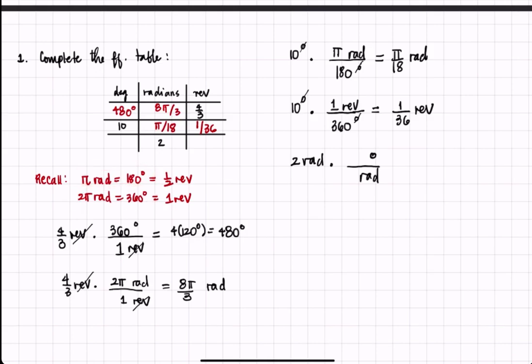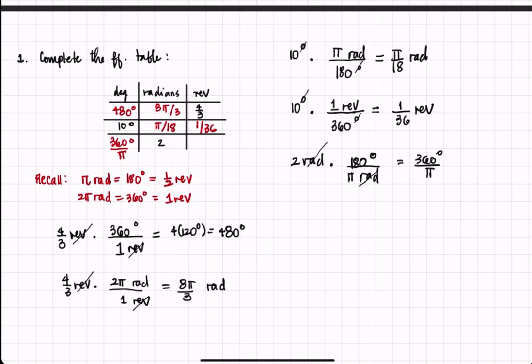Either will do. I will use this first. Pi radians is 180 degrees. So, the radians cancel out. You get 360 degrees over pi. So, that is it in degrees: 360 over pi. Let us add the unit for emphasis.